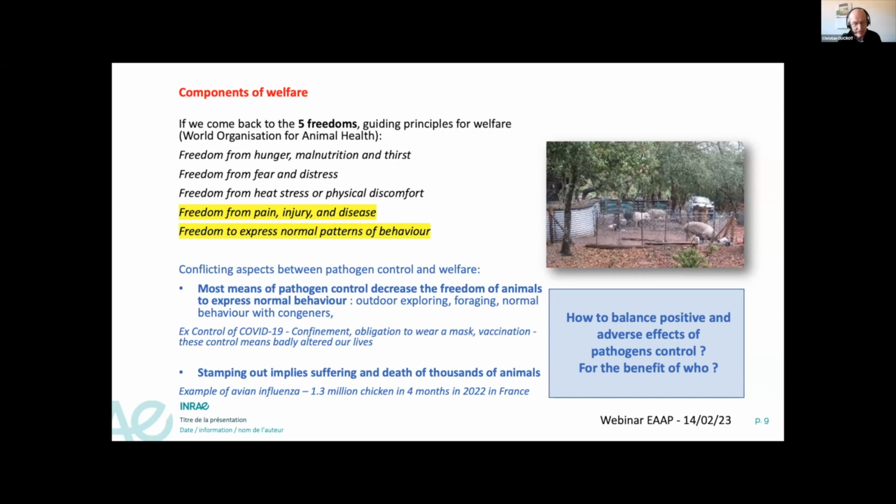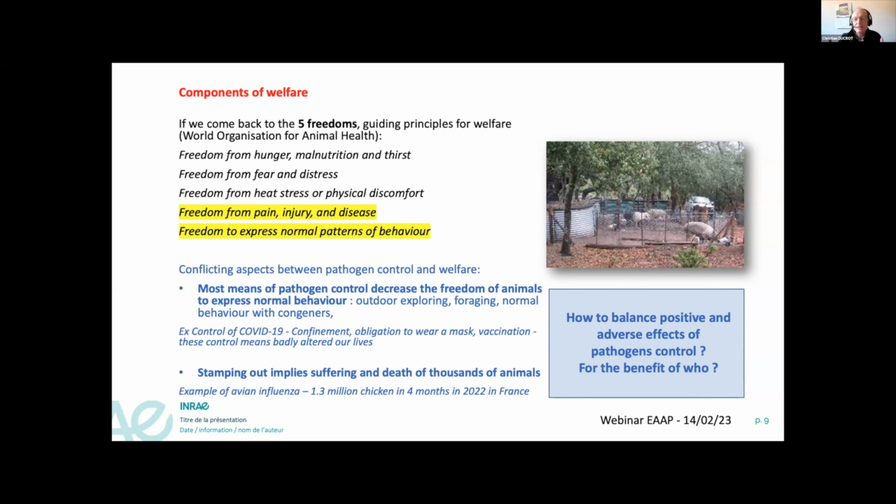In many regulated infectious diseases, there is stamping out of infected farms, which implies suffering and deaths of thousands of animals. For example, with avian influenza last year in France, in 4 months, we had to kill 1.3 million chickens.